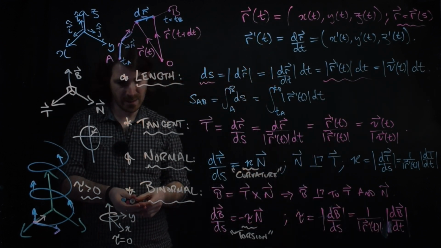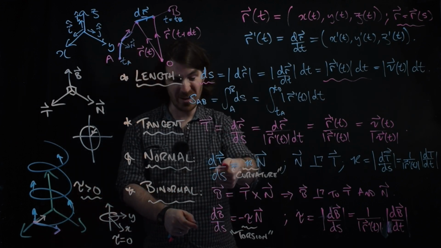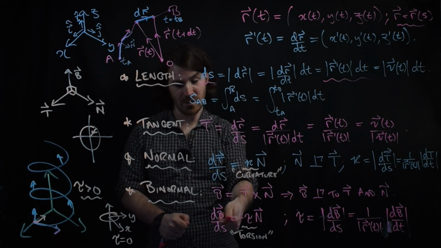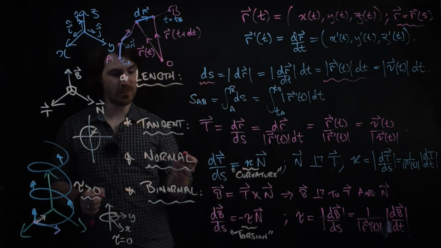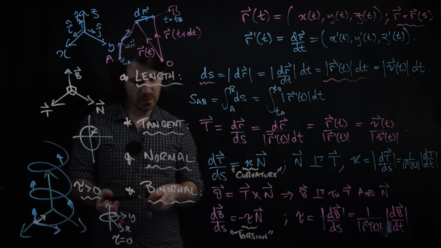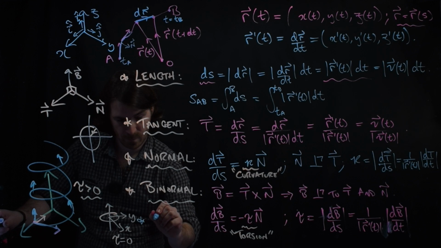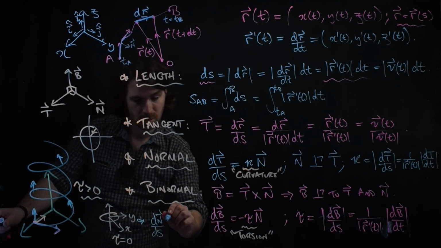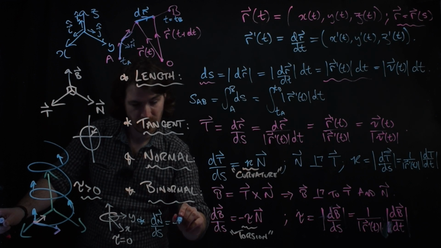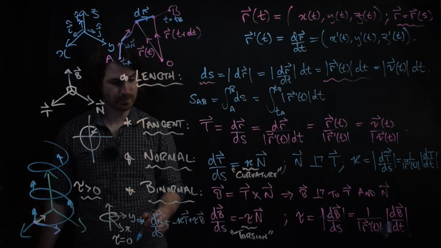The last thing we didn't look at: we've got how the tangent vector changes and how the binormal vector changes, but we don't have how the normal vector changes. It turns out there's a relationship that tells us what dn by ds is. It's minus kappa times the tangent vector plus tau times the binormal vector.